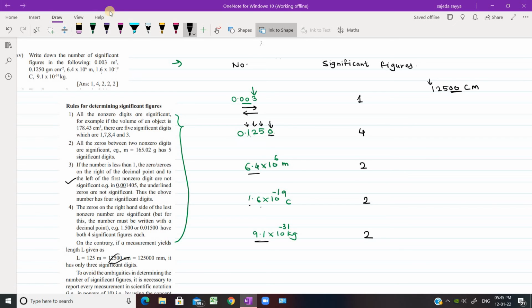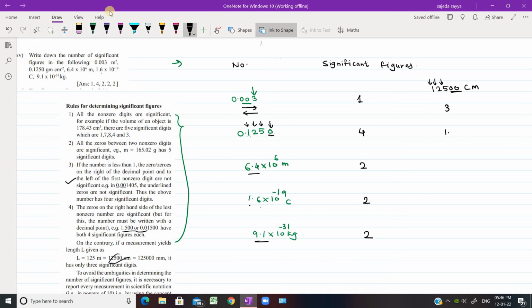Therefore, the non-zero digits present here are 3, so it has 3 significant figures. Clear?